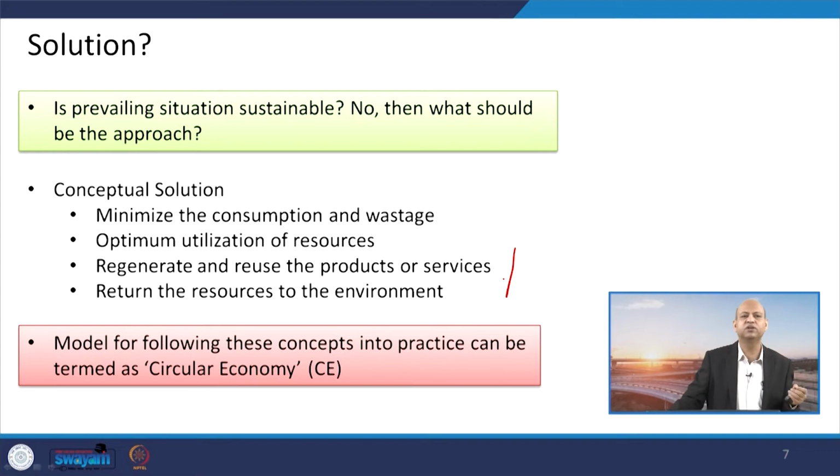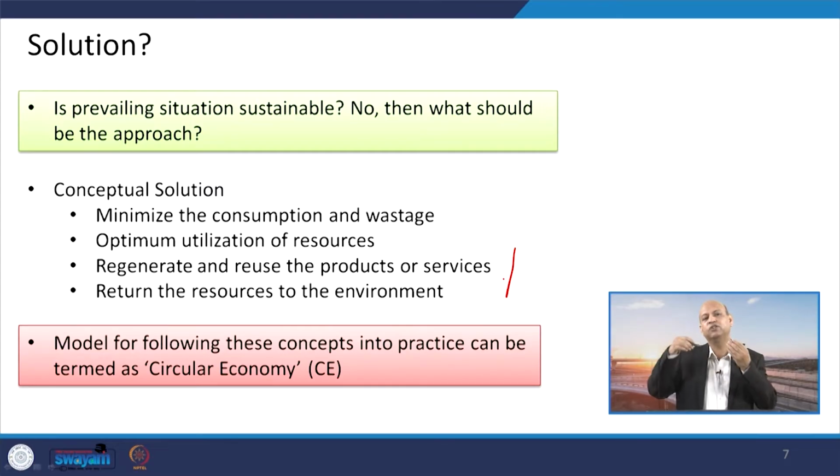Then if you want to return the resources to the environment in terms of waste, there is a way, in a form which can be assimilated in the environment. If we are discarding something which can be consumed or degraded easily, then it can be assimilated in the environmental components. So, that kind of state can be attained.